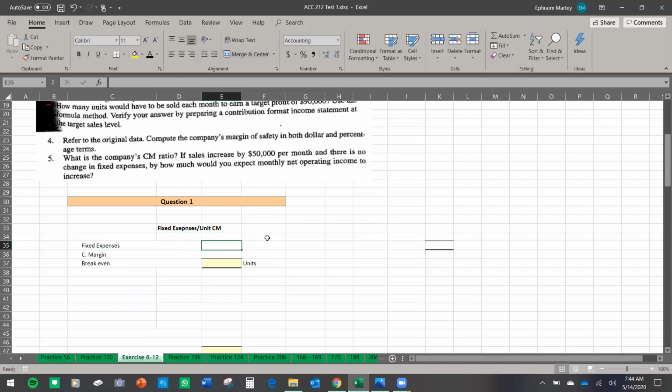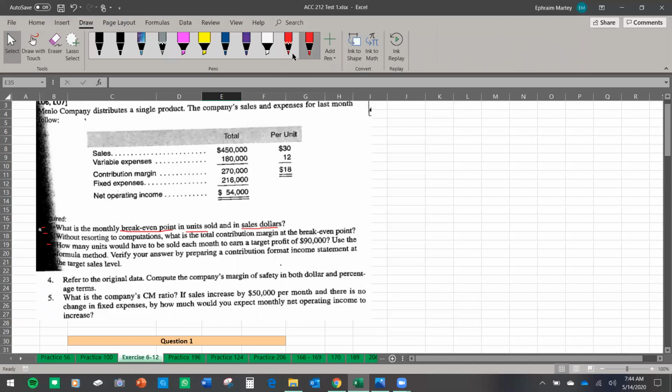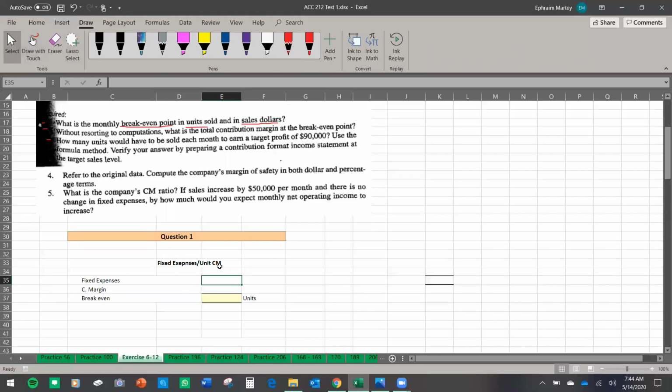So what is our fixed expenses? We have our fixed expenses right here, okay, 216,000. So let's go ahead and put it there, 216,000. Okay, so what is our unit contribution margin? Okay, so what we do is unit CM. What's our unit contribution margin?